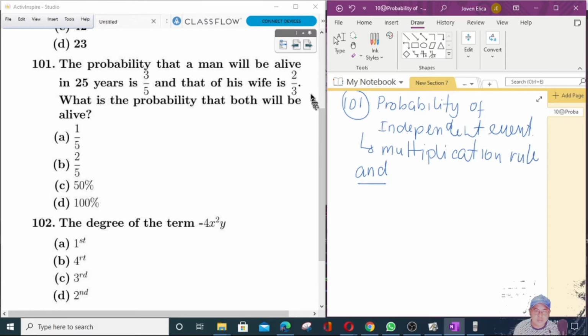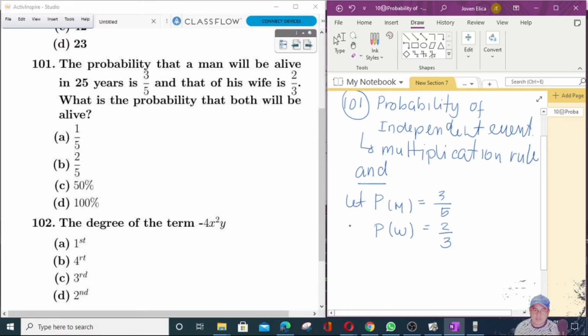Let the probability of the man living in 25 years be 3/5, and the probability of his wife be 2/3.